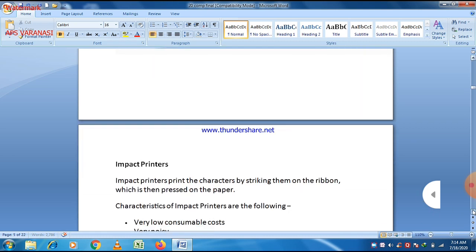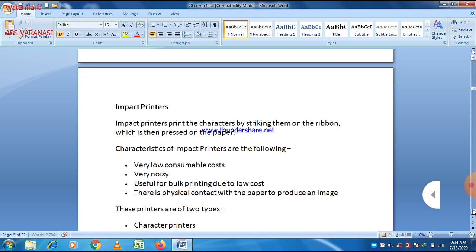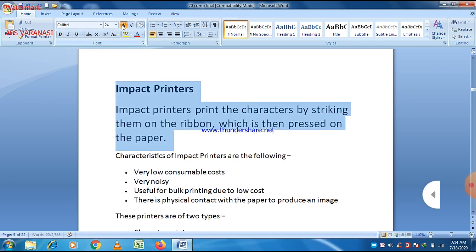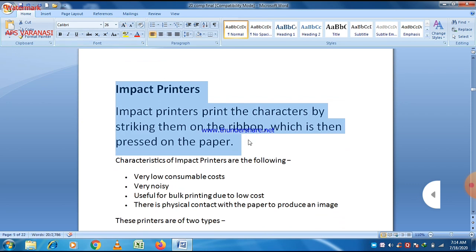So that is the main difference between impact printer and non-impact printer. Now for impact printer, there are some characteristics also. As we know, an impact printer prints the character by striking them on the ribbon, which is then pressed on the paper. So this is the method by which we can create a hard copy of output.